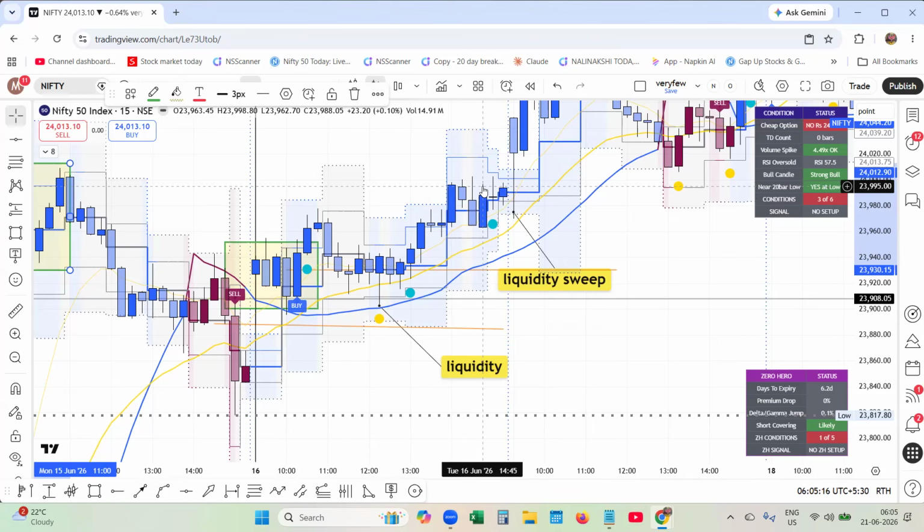For that also, I have coded a little bit. This is an upgraded version of Nalini Precision Engine, incorporating gamma also, because many people trade for zero hero. I do not advise trading zero hero, but with the indicator, if all the conditions have been matched, you can go for it.